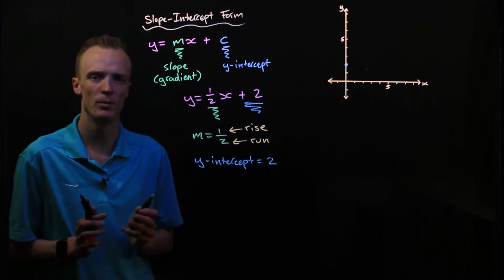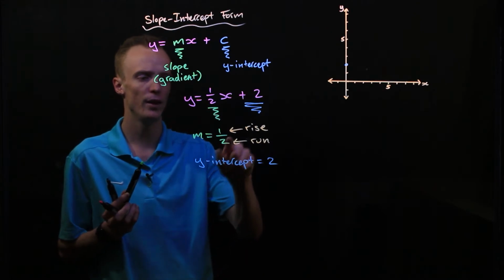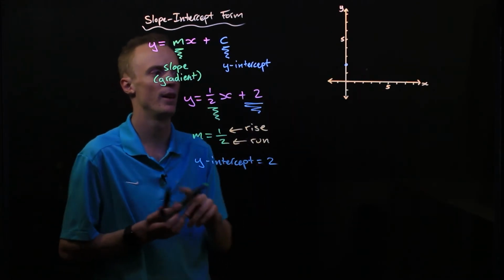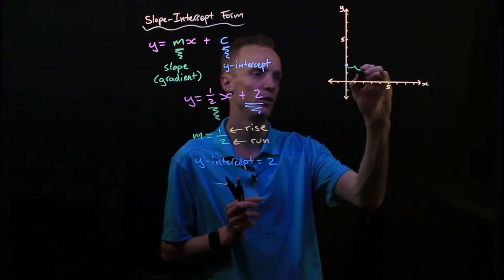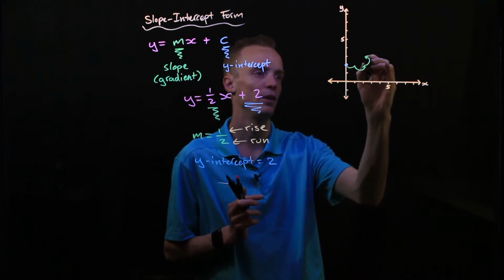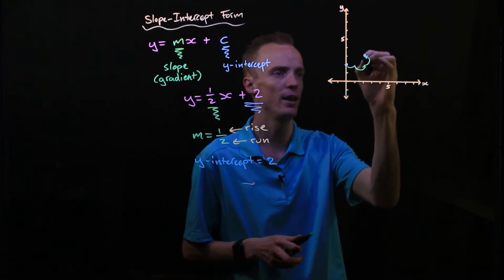And now what this slope tells us about our graph is that for every 2 values that it moves to the right, it's going to move up by 1 value. So the next coordinate that exists is right here.